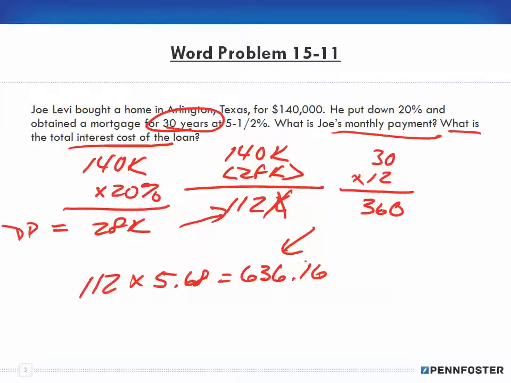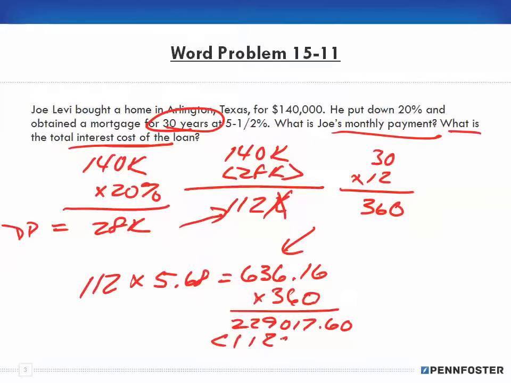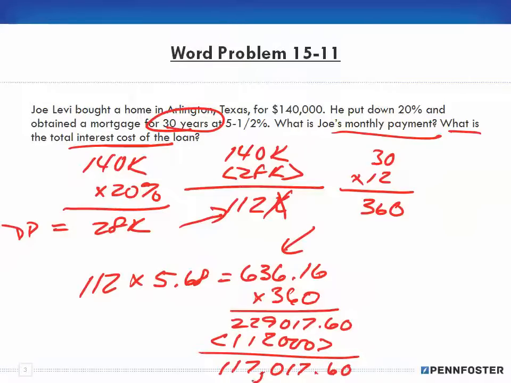So that's why I'm figuring out how many months, because if I pay this for 360 months, I end up with $229,017.60, and then I subtract out the $112,000 that I borrowed, and that gives me an amount of interest of $117,017.60. Okay, so that is the amount of the interest.